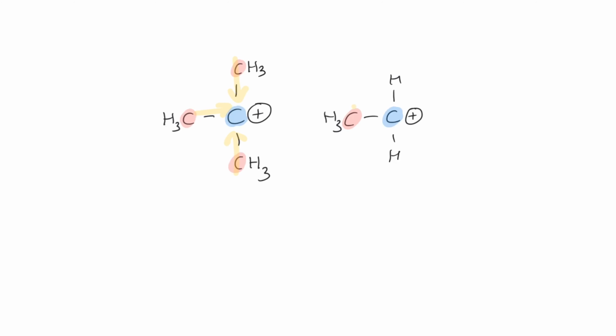So this has only got one alkyl group giving electron density towards the carbon, which means it doesn't have the other 2. So this carbocation is not as stable. So the key thing is tertiary carbocations are more stable than primary carbocations because of this positive inductive effect.